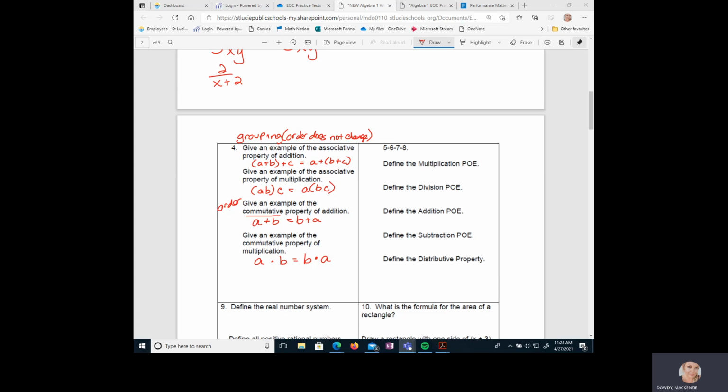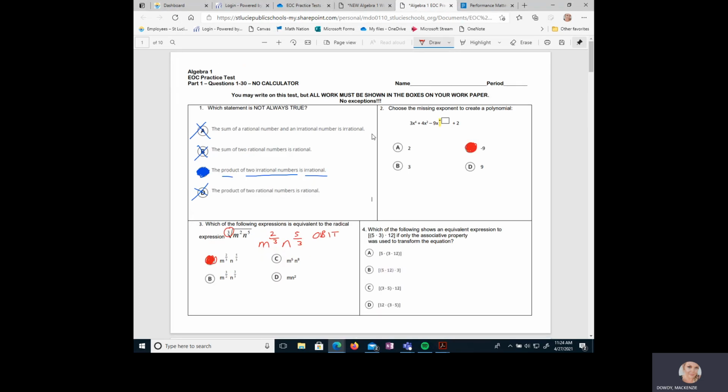All right, so now we have done the associative property of addition and multiplication and the commutative property of addition and multiplication. Now we're going to look at number 4. It asks which of the following shows an equivalent expression to 5 times 3 times 12 if only the associative property was used. So associative property has to do with grouping.